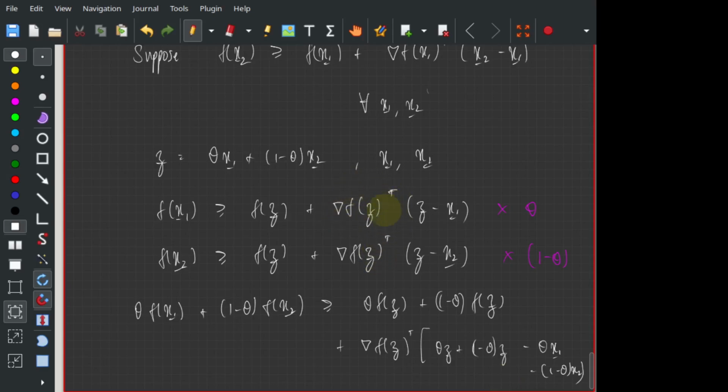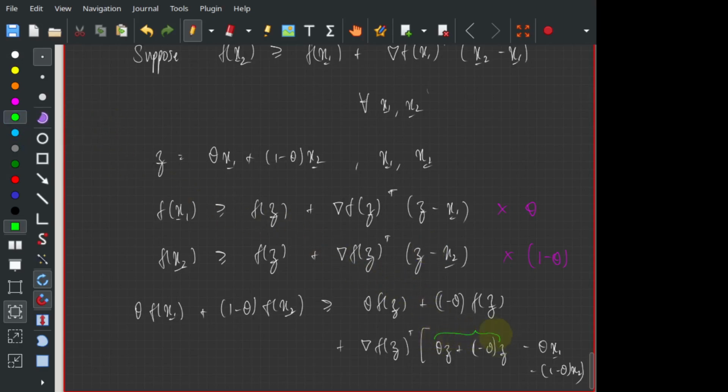So gradient f of z is common to both these terms, right? So it's theta times this plus 1 minus theta times this, which is the same as gradient f times theta times this plus 1 minus theta. But what is this quantity?